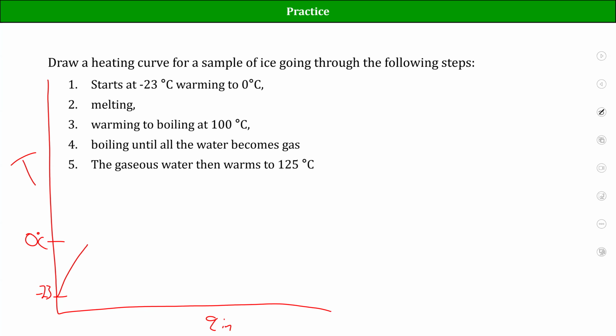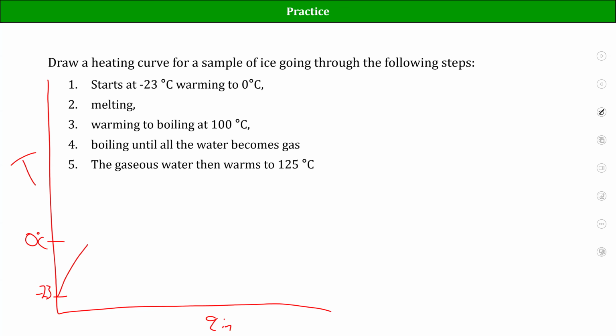So don't worry if you don't have everything memorized. But this is one of the reasons why we use water as the most common example. One, we have the most everyday experience with it going through those changes. And two, people have those numbers memorized, or at least pretty quickly into this class.